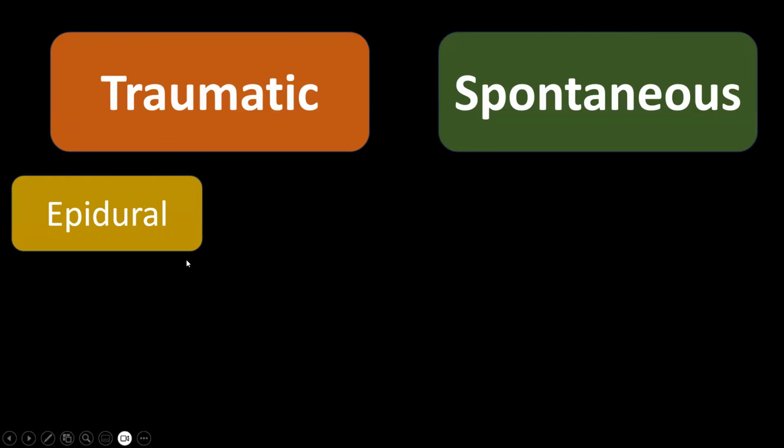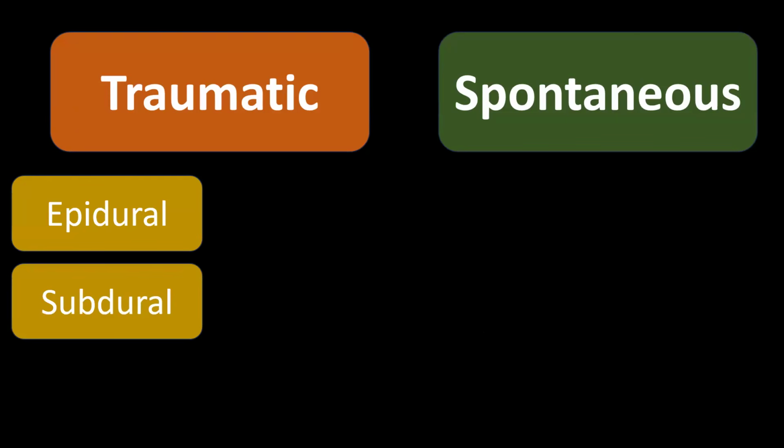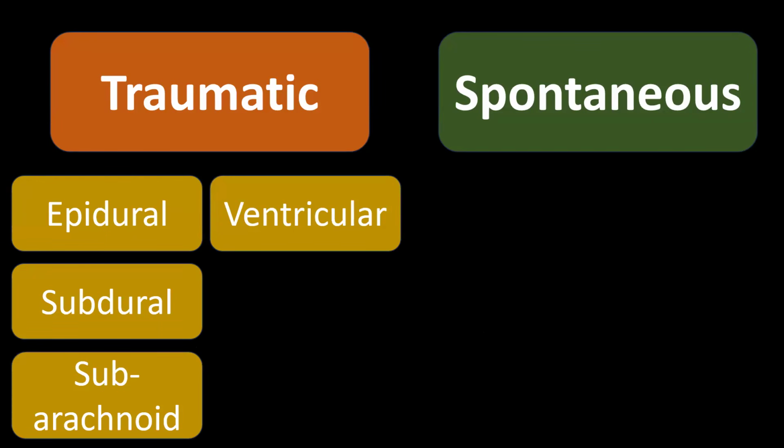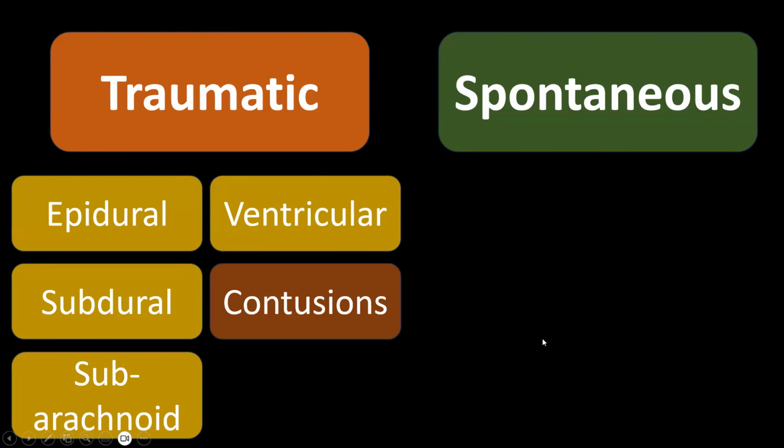The cause can be traumatic or spontaneous, but epidural hematomas are almost always traumatic, as are most subdural hematomas. Subarachnoid hemorrhage can be both, but we have seen the difference between the pattern of an aneurysmal subarachnoid hemorrhage and a traumatic subarachnoid hemorrhage. Ventricular hemorrhages can be traumatic or spontaneous, and we have contusions.